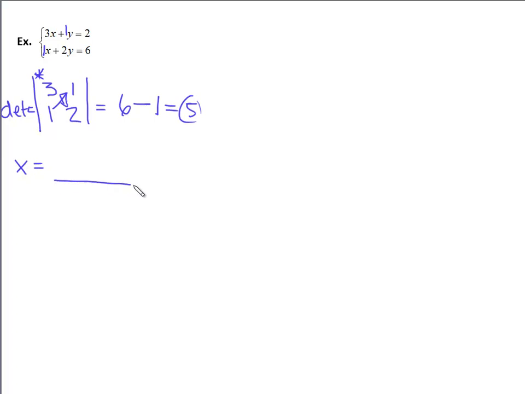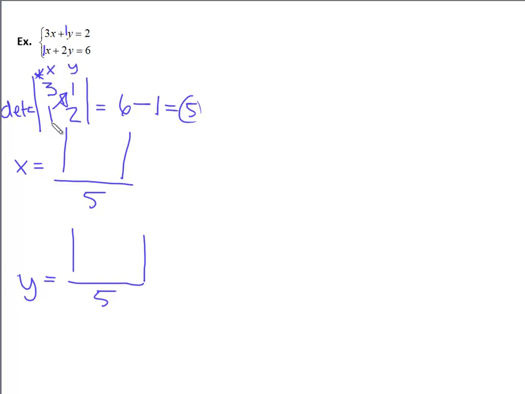So when I go to set up and solve for x, I'm going to put 5 in the bottom. And when I go to set up and solve for y, we'll have 5 in the bottom. Okay. So we just need to set up and solve these other two determinants. When we're solving for x, we're going to replace the x column. Remember, this is like x and y.